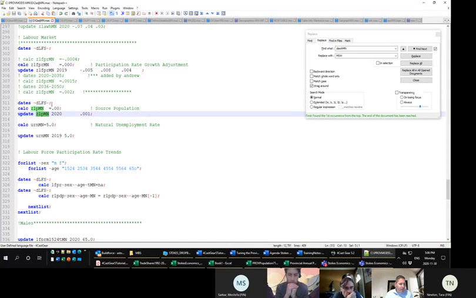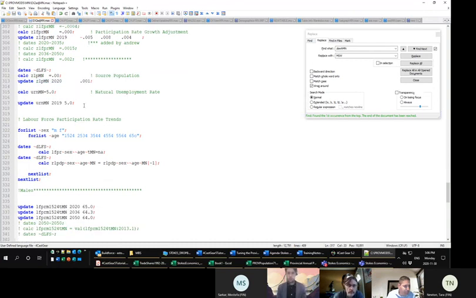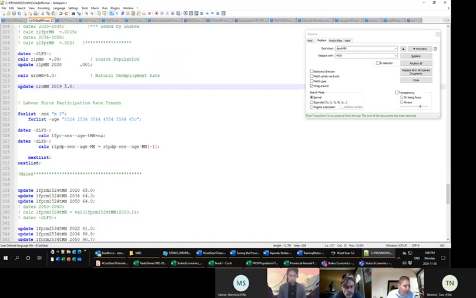But if you do need to make a minor adjustment, which we like to do because we like to get it right on for our forecasts, you can do it through this component here. Again, I'm not sure why this is even in here, but here's the setting of the normal unemployment rate, the URN, or the natural rate in this case.